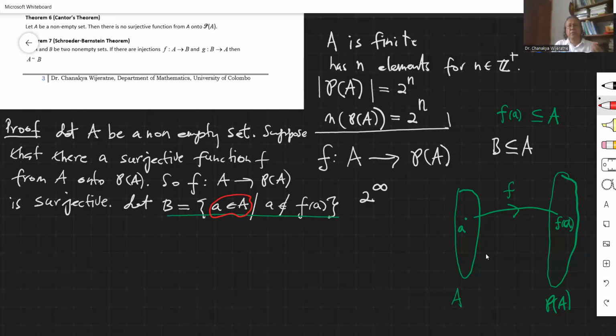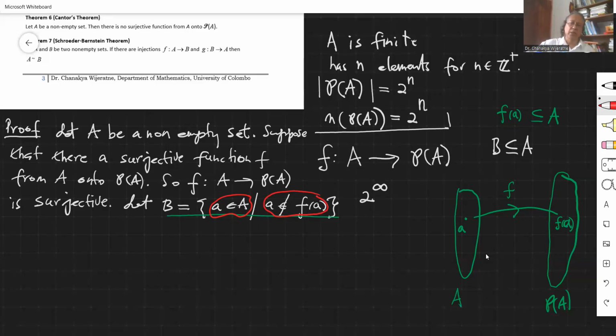Now, for every element in A, this set B exists, right? It could be empty. For a given element a in A, this a may or may not be in f of a.